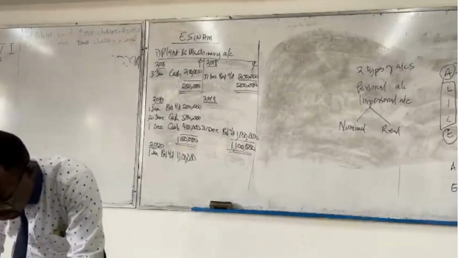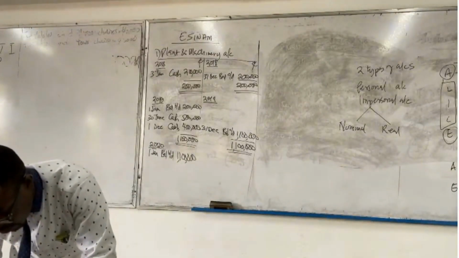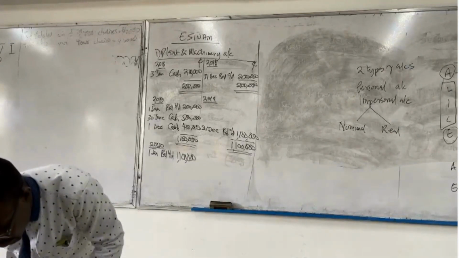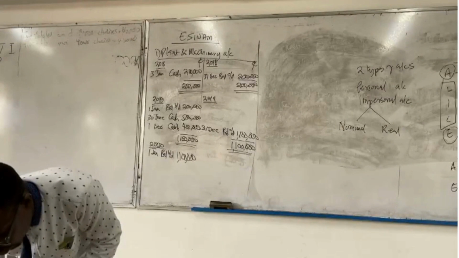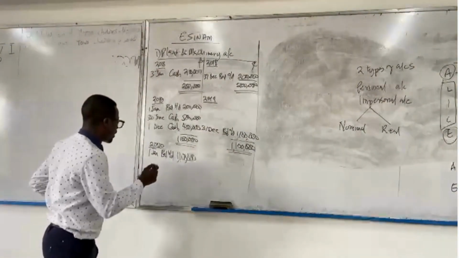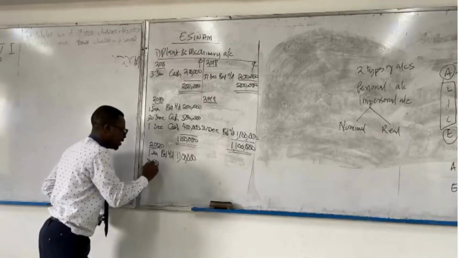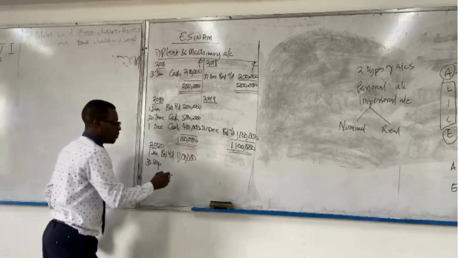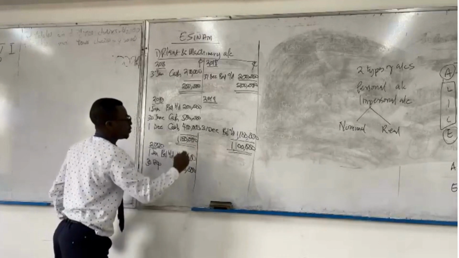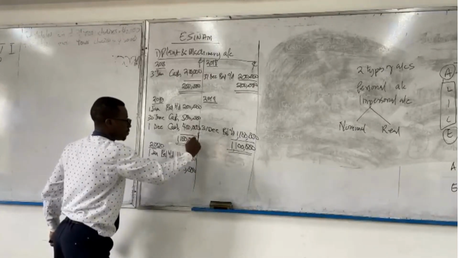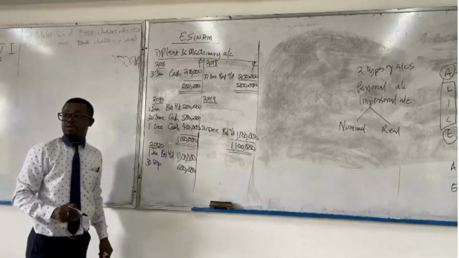Then in 2020, there was another transaction. Bought 30th September 2020, bought plant and machinery for 600,000. So 30th September, that is the year, bought plant and machinery for how much? 600,000.